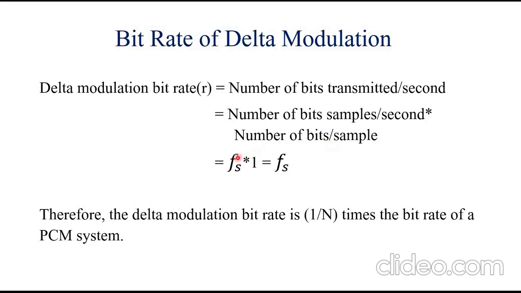So it will be Fs times 1, equal to Fs. Therefore the delta modulation bit rate is 1/n times the bit rate of a PCM system, where n is the number of bits per transmitted PCM code word. We can say that the channel bandwidth for the delta modulation system is reduced to a great extent as compared to that for the PCM system.